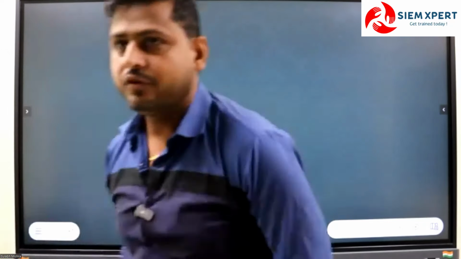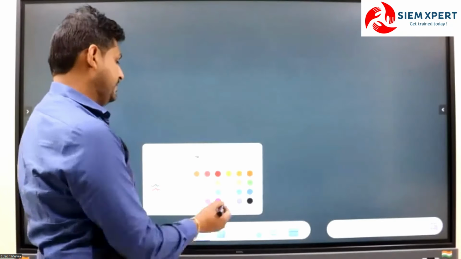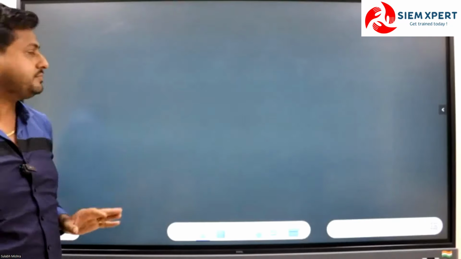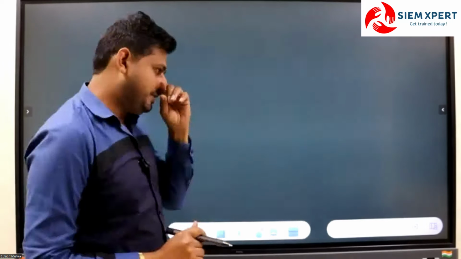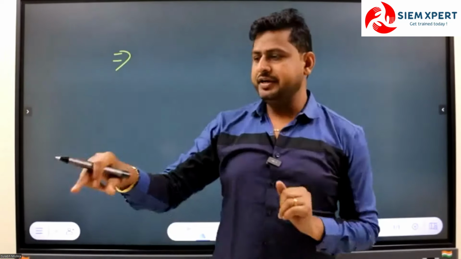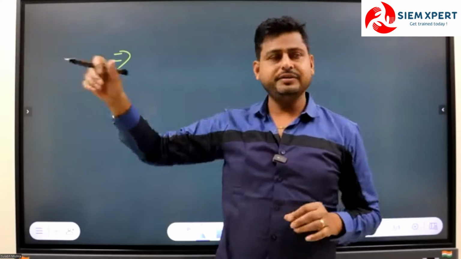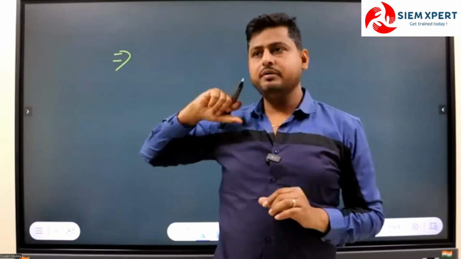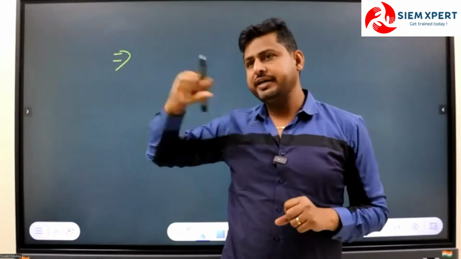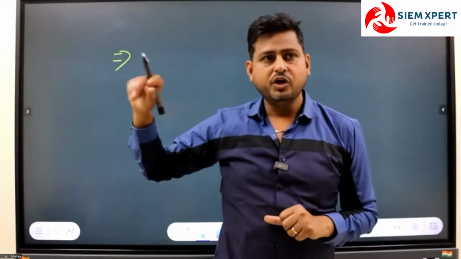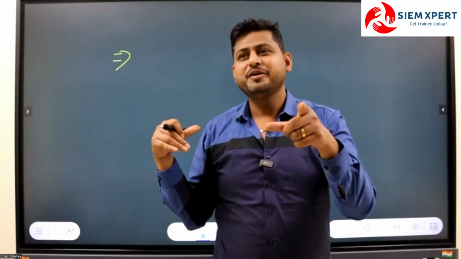For example, once I write the name here, this forwarder is collecting logs from a Windows device, right? So this input configuration is being stored in which file? inputs.conf.